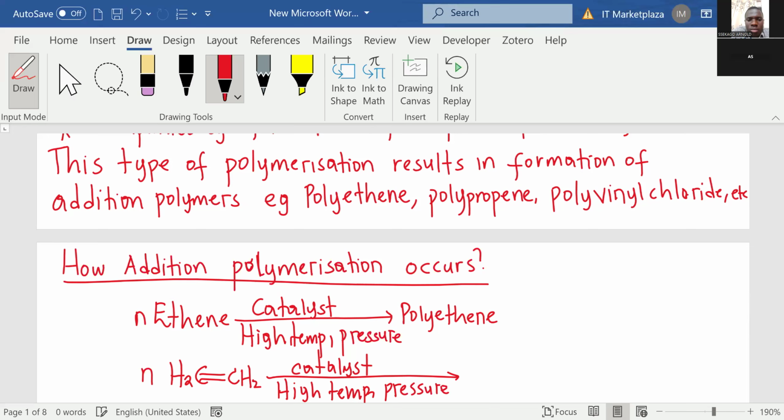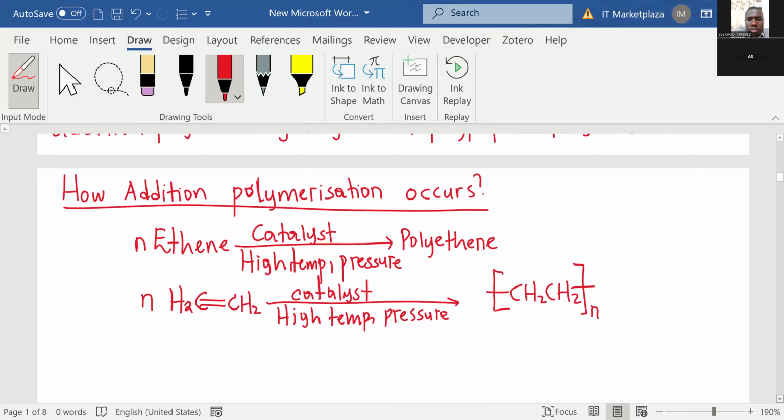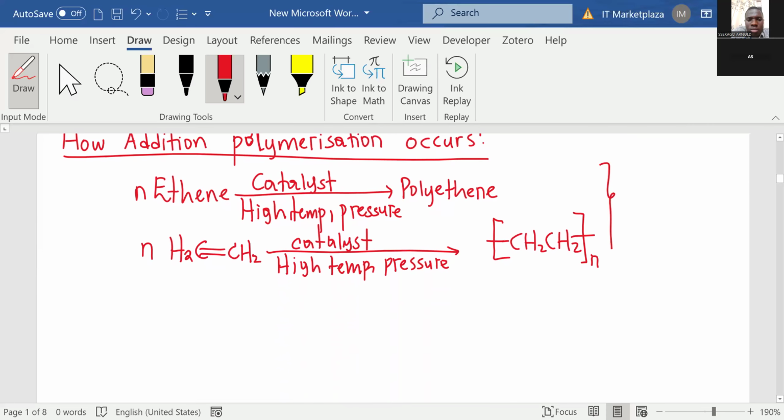Then we form polyethylene like that. This is what you were writing at a lower level, a sketch map of polyethylene. So here we are going to see in actual sense how this polyethylene looks like. This is sort of a recap of information explored some years back.